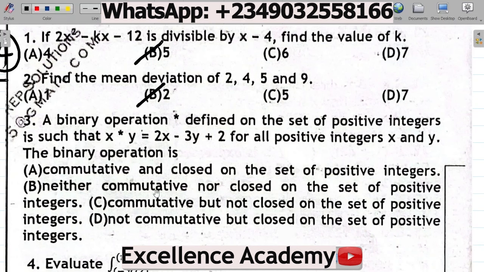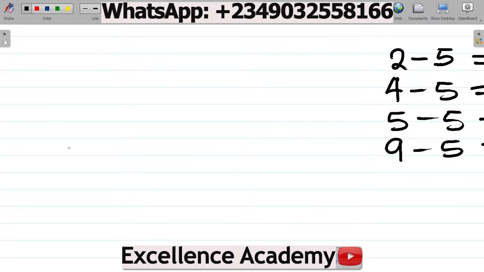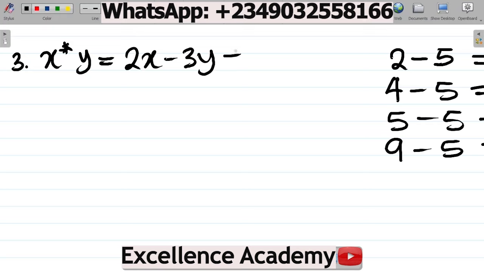So for question 3, how do we answer this question? What we are given here is x asterisk y equal to 2x minus 3y plus 2.